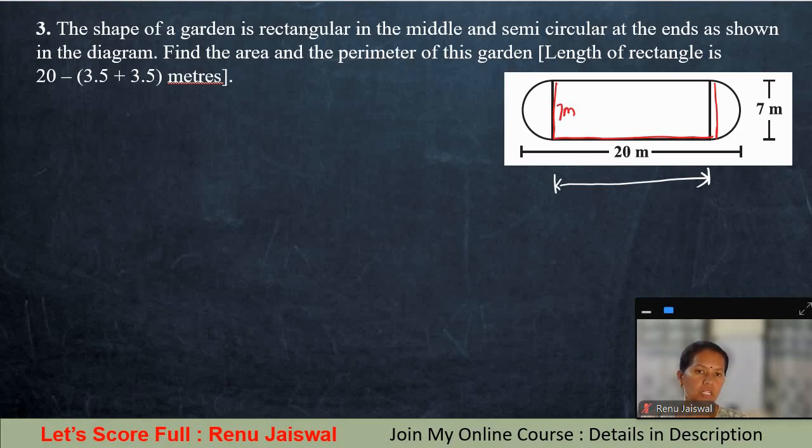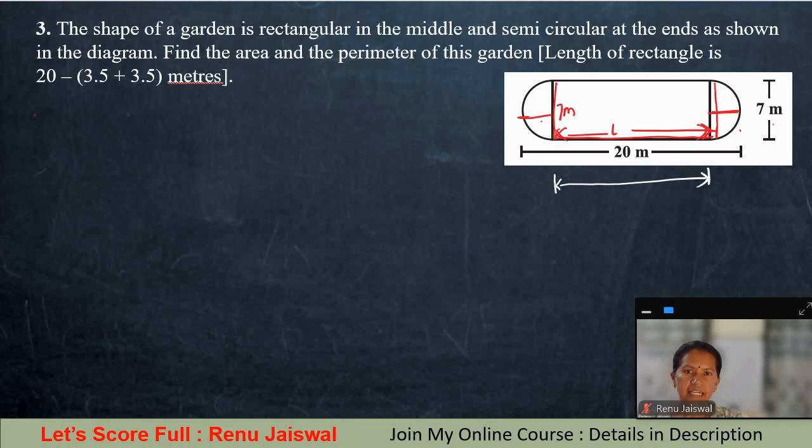So total length is 20 meter. I need to get only the length of the rectangle, means from here to here. For that I have to subtract this part, which is radius of semicircle, and this part, which is again the radius of the circle. So radius and radius. If the diameter is 7 meter, radius will be half of it.